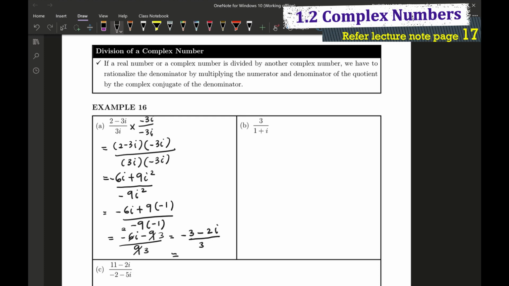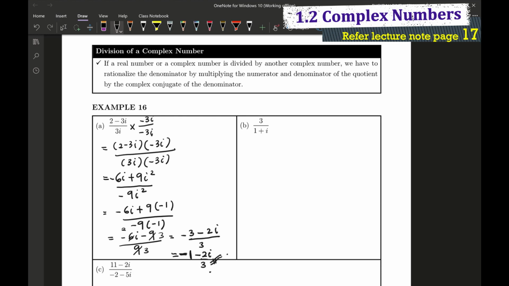Final answer is -1 minus 2 over 3i. Normally we put the real part in front and the imaginary part after it, just to make it look normal. If not, it looks abnormal.